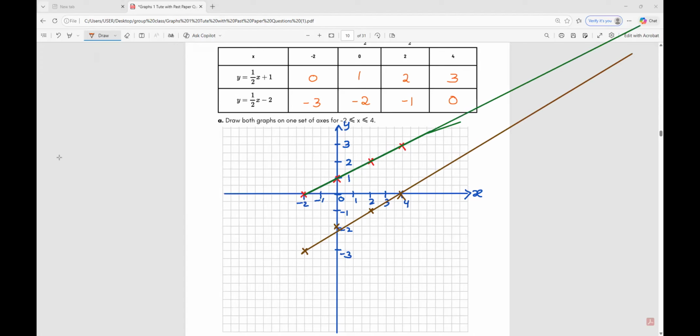Oh, it's not easy to find that intersection point. They will intersect. I think there is a small mistake in the question. Gradients are equal, that is the reason.